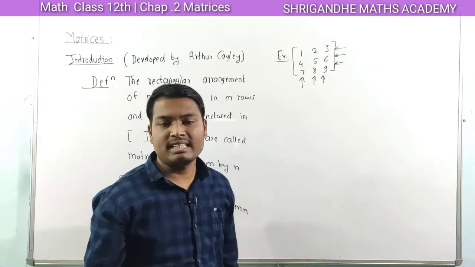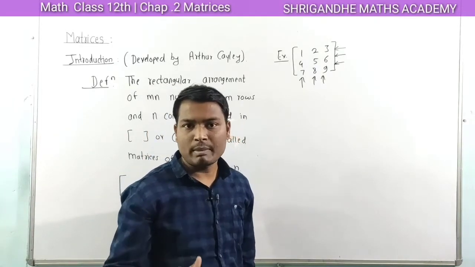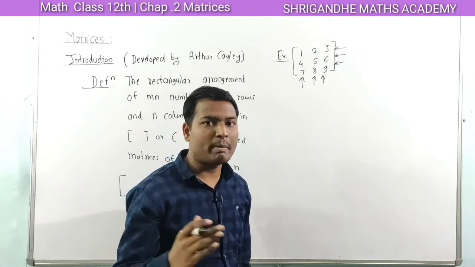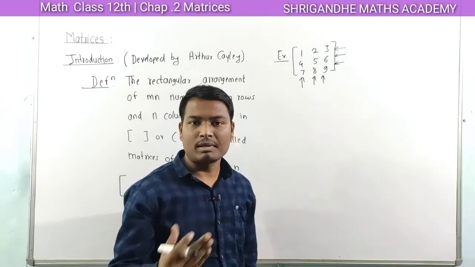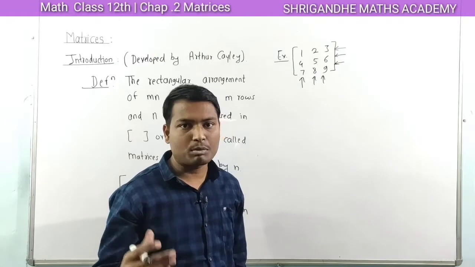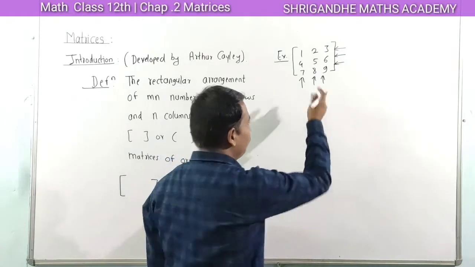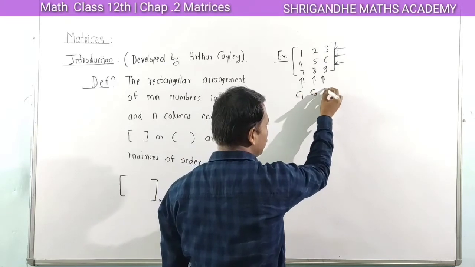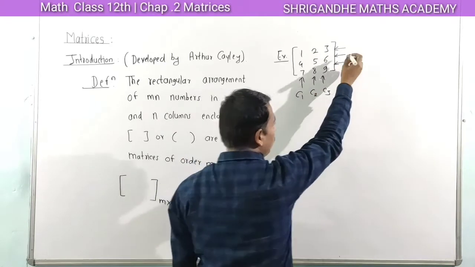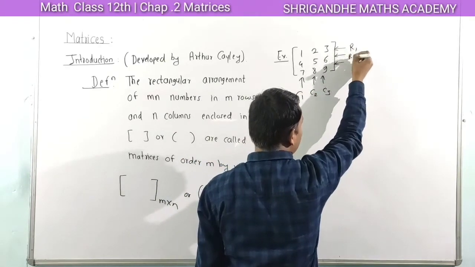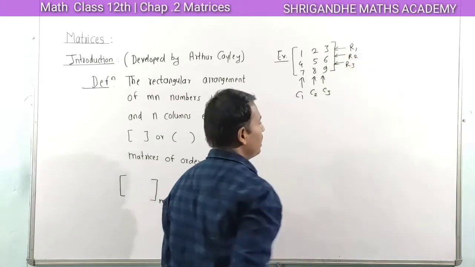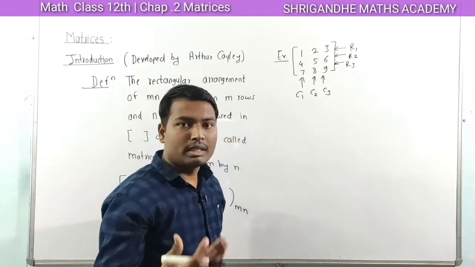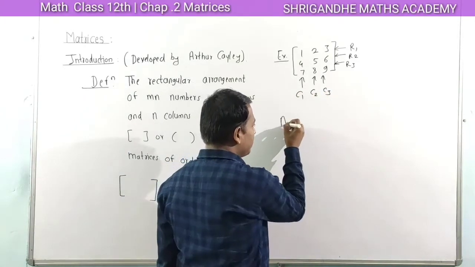The rows of matrices are usually denoted by capital letters R1, R2, R3, etc., and the columns are denoted by capital letters C1, C2, C3, and so on. Therefore, there are 3 columns, so we denote them as C1, C2, C3, and similarly for rows we use R1, R2 and R3.